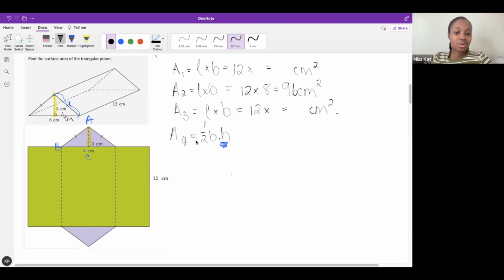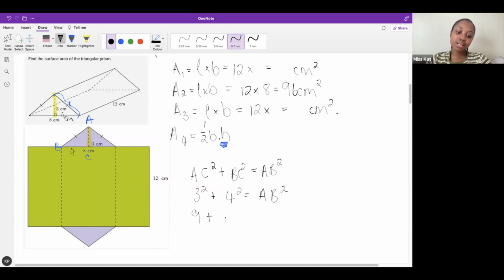Back to AC squared plus, thank you, Nikita, BC squared, this time with the right dimensions, equals AB squared. So AC we've been given is 3 squared plus BC, you guys said it's 4, because if the whole length is 8, then half of that is 4 squared equals AB squared.